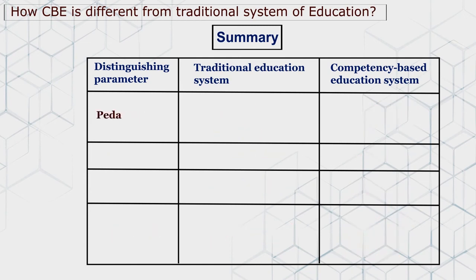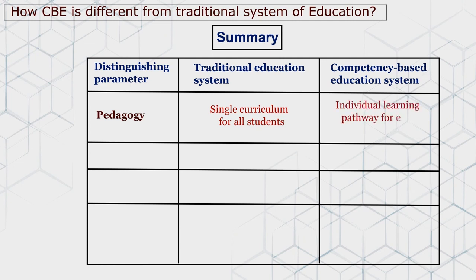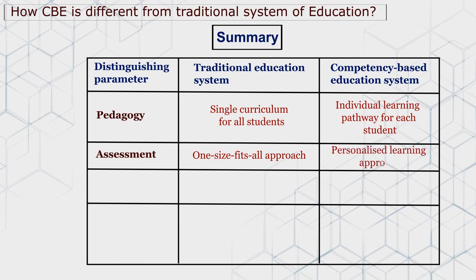When compared on pedagogy, the traditional education system has a single curriculum for all students, whereas CBE offers individual learning pathways for each student. The traditional education system has a one-size-fits-all approach to assessment, whereas CBE has a personalized learning approach for assessments.